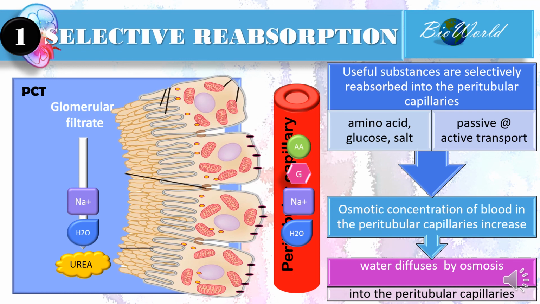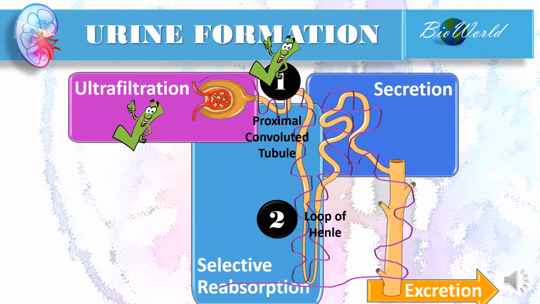So this is now called filtrate. The filtrate produced from the selective reabsorption at the proximal convoluted tubule will be transported down to the loop of Henle for the second stage of selective reabsorption.